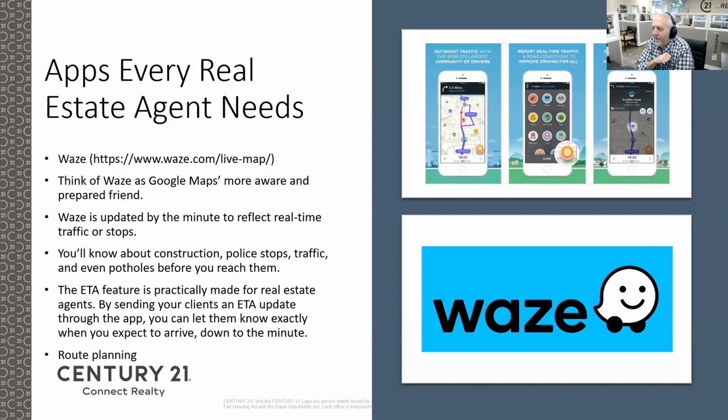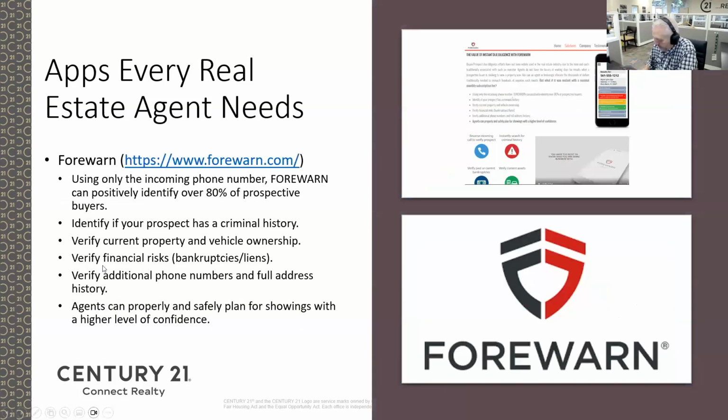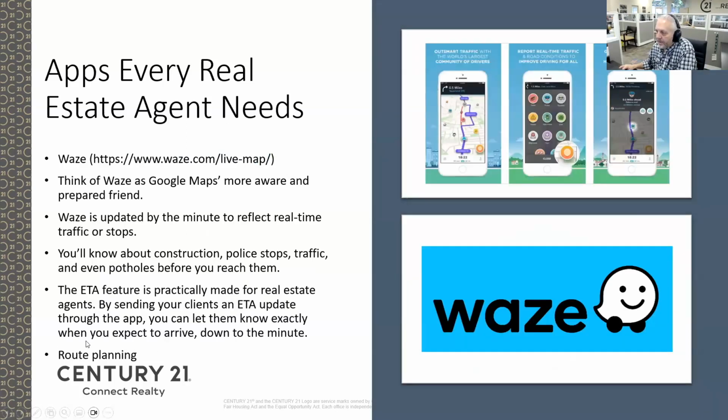I personally am a big Waze fan, and one of the things I like most about it is the route planning. I was trying to highlight that down there at the bottom. If I'm showing 7 or 8 houses in a day, I will sit down that morning and put all 7 or 8 houses into my route planning within Waze.